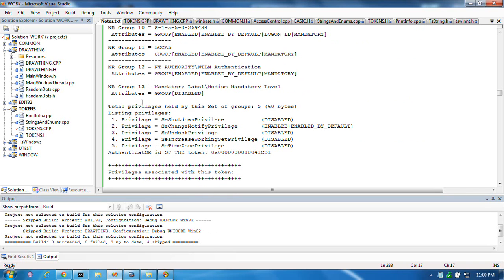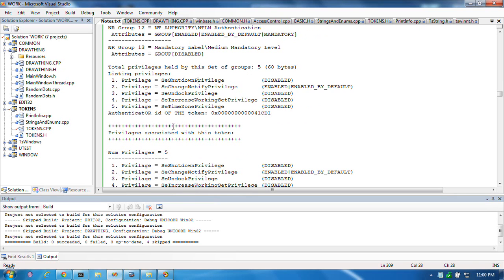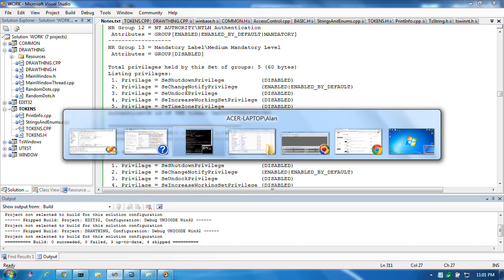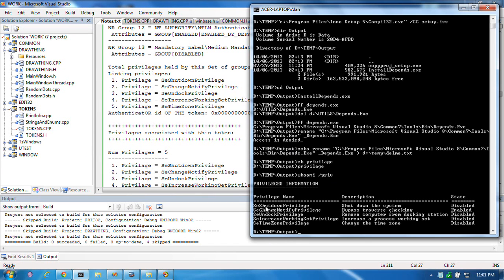And in the end, it says that there are 5 privileges held by the set. And here they are. Those are my 5 privileges. Shut down, which is disabled. Something to do with notify. They don't give descriptions here, but you can print them out at the command line using this.